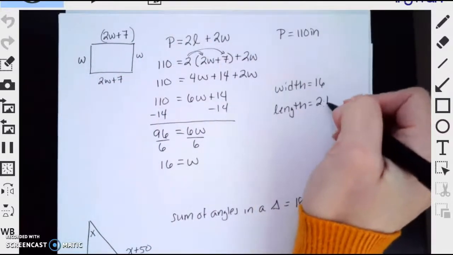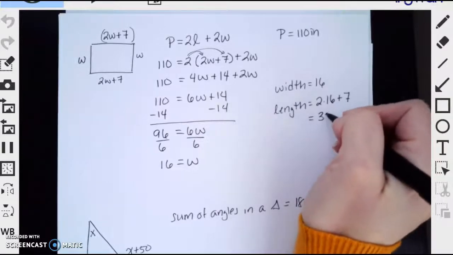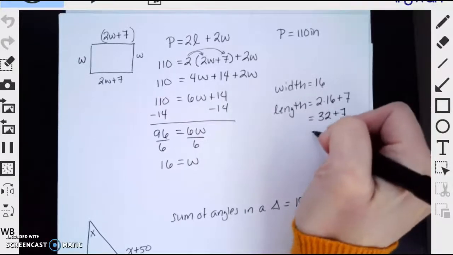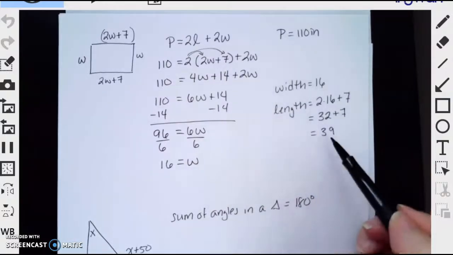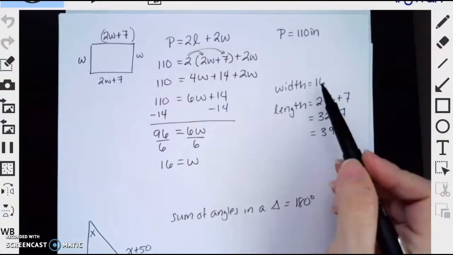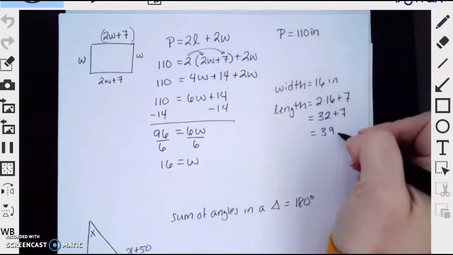So 2 times 16 plus 7. 2 times 16 is 32, plus 7 is 39. So we now have the length is 39 and the width 16. And this is inches and inches because our perimeter was given in inches.